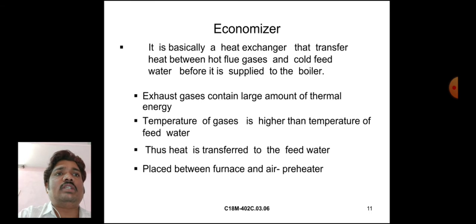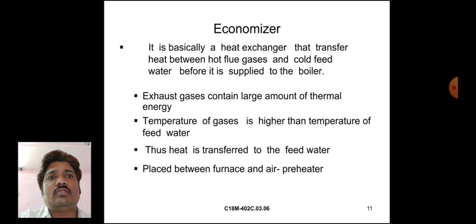This is economizer. It is basically a heat exchanger that transfers heat between hot flue gases and cold feed water before it is supplied to the boiler. Exhaust gases contain large amount of thermal energy.